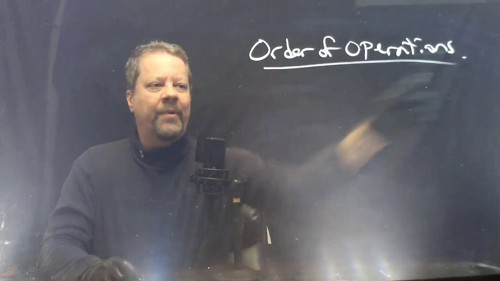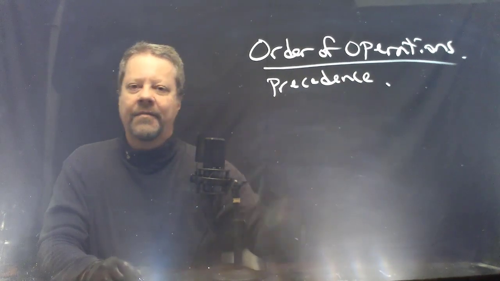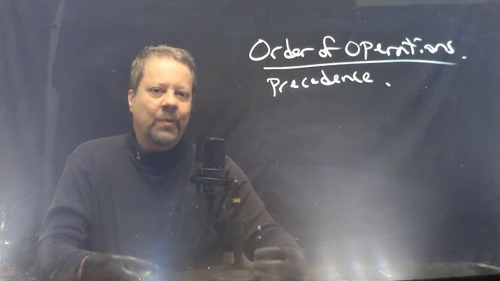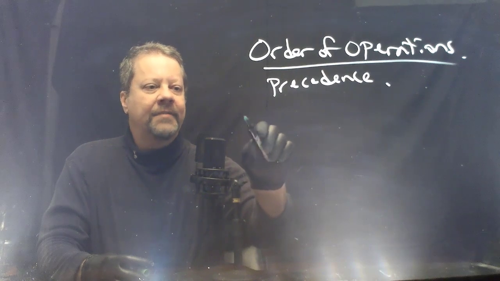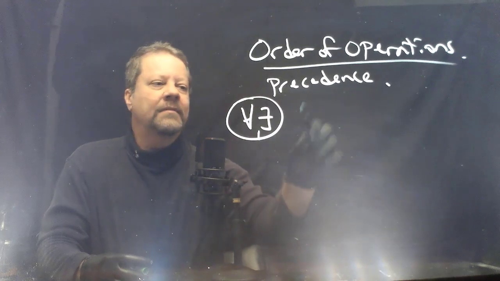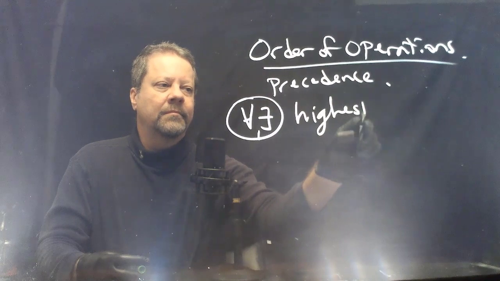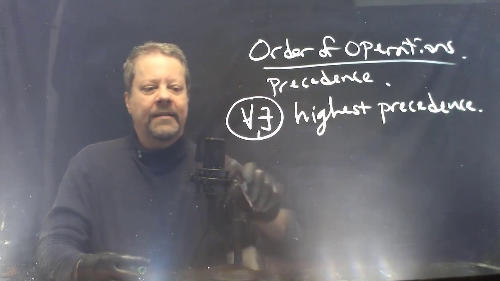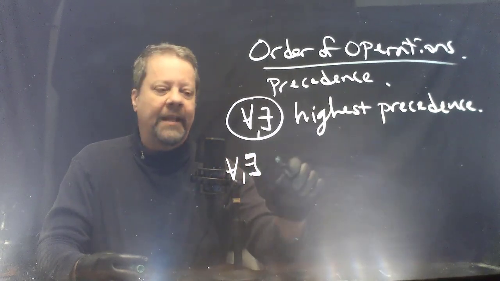What's the order of operations? What's the precedence of these different quantifiers, existential quantifiers, universal quantifiers, etc.? Well, we're going to say that for all and there exists together have the highest precedence, but for all and there exists have equal precedence read from left to right.